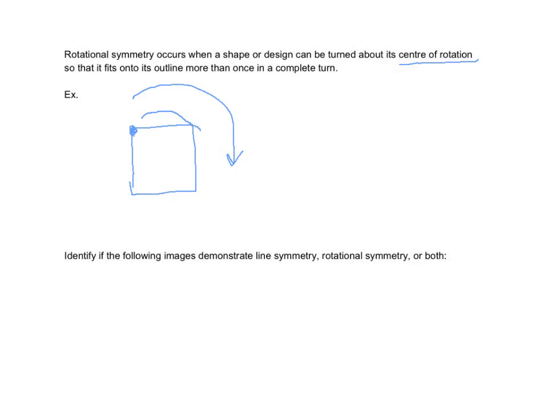If you continued rotating it another quarter turn, and that point got to there, again, it would look like the exact same square. And finally, one more time, it would rotate. So at 4 different points around the circle, you would find that it would perfectly match up. It would have that symmetry. That is called rotational symmetry. And we'll look in more detail about rotational symmetry at a later point.